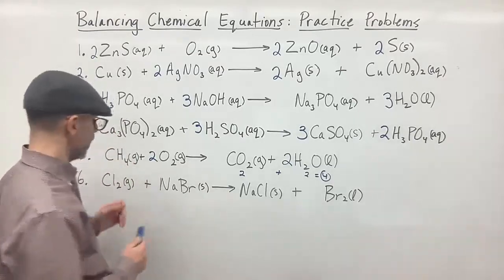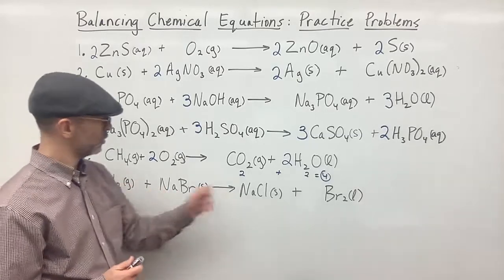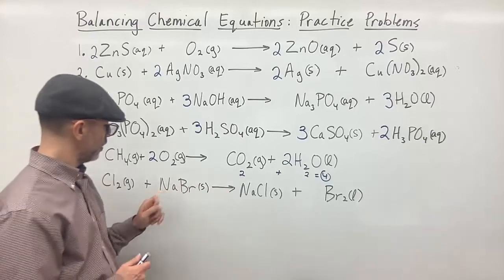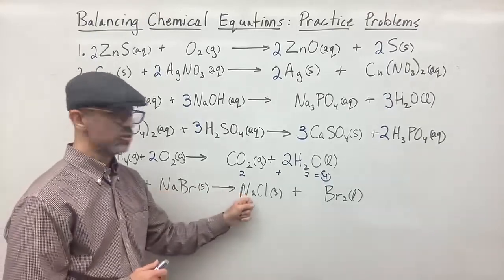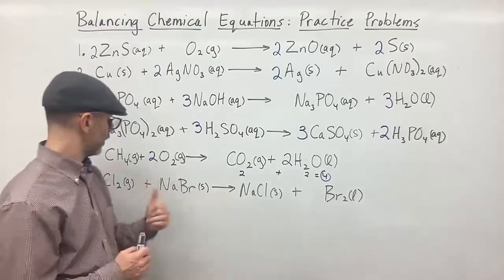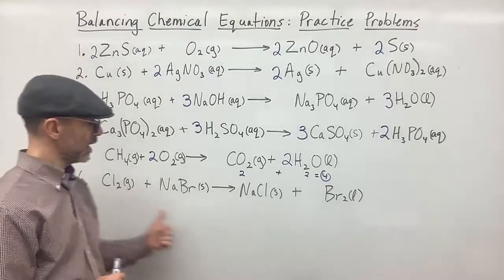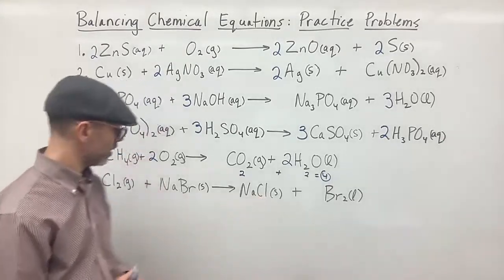In this case, we'll look at sodium here. So I have 1 sodium, which is our metal. So the sodium metal, that's 1 each. So that's balanced. So let's go ahead and try the chlorine. We have 2 chlorine here, and we only have 1 chlorine there.